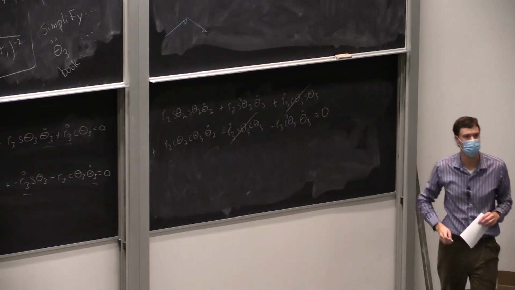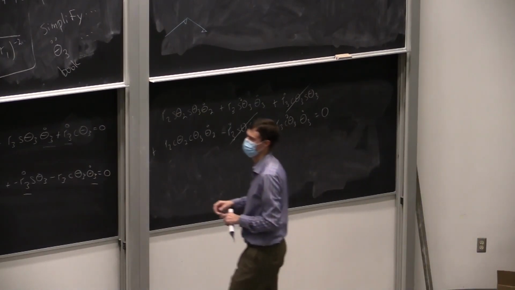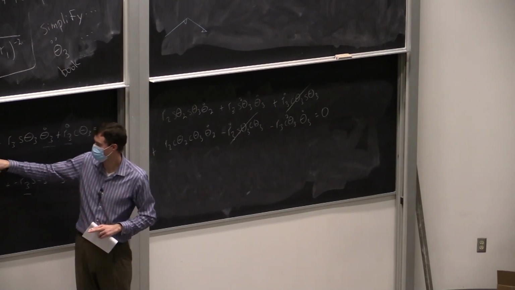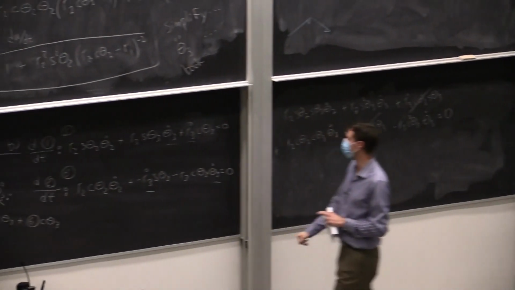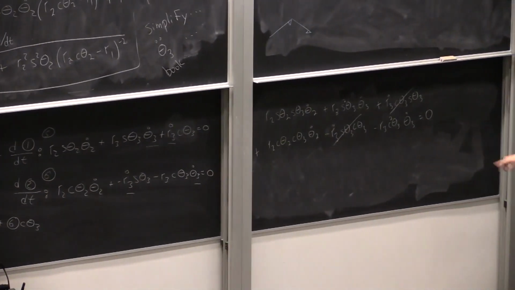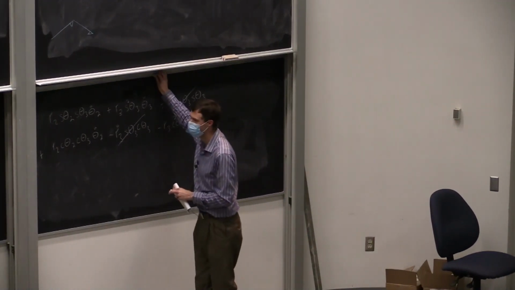Another question? Professor, for equation 5, the R2 theta 2 dot goes to negative, and the last one is negative. You think these two should both be negative? So that would change some of these here. Let's see, where's our equation 1? It's gone, right?